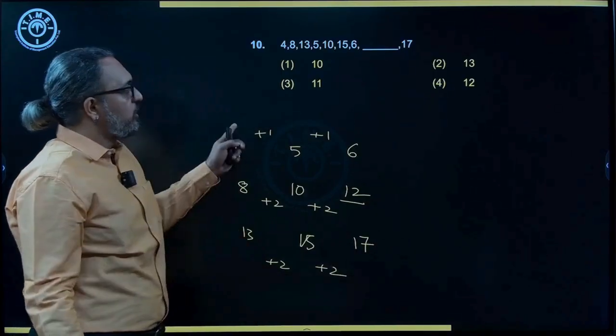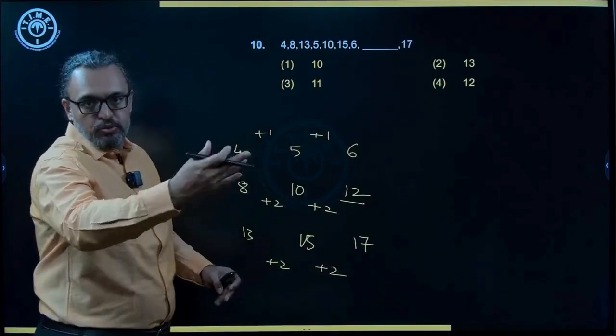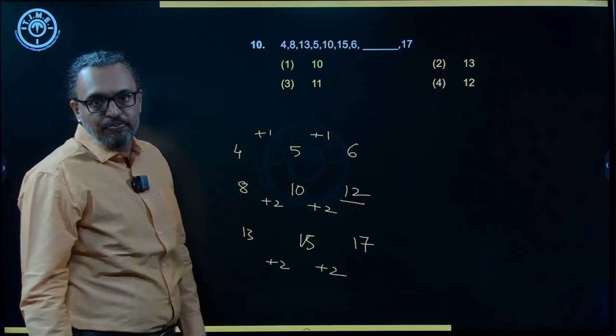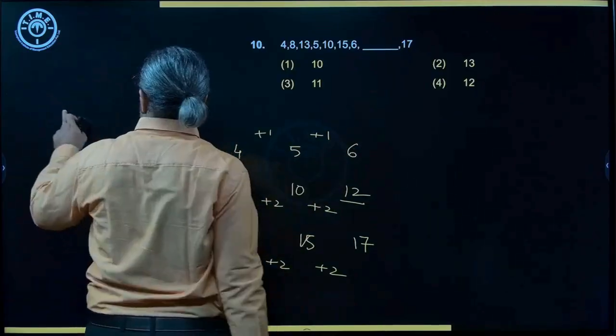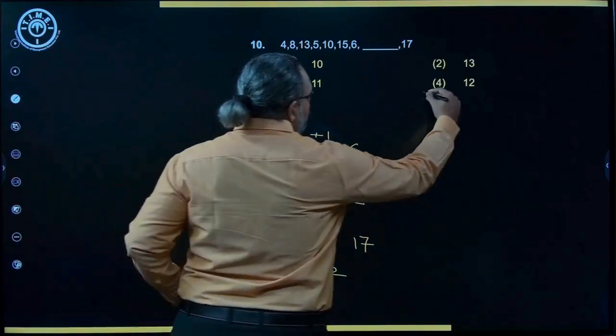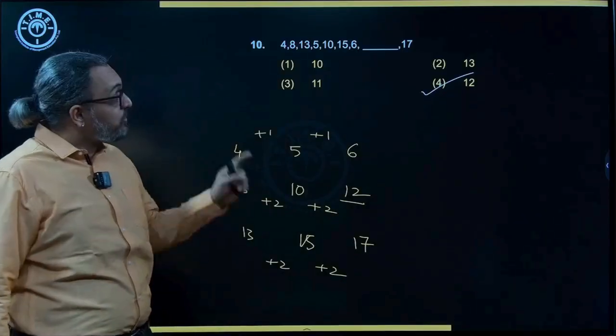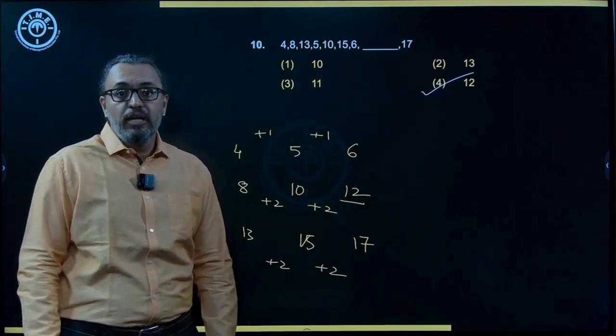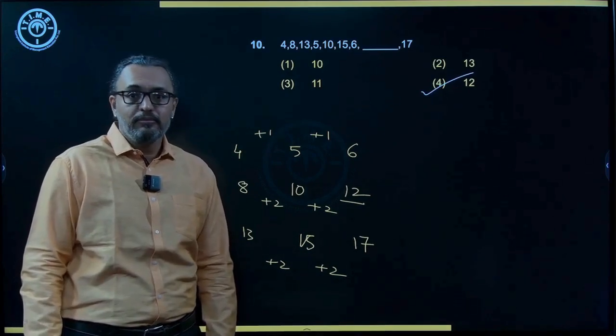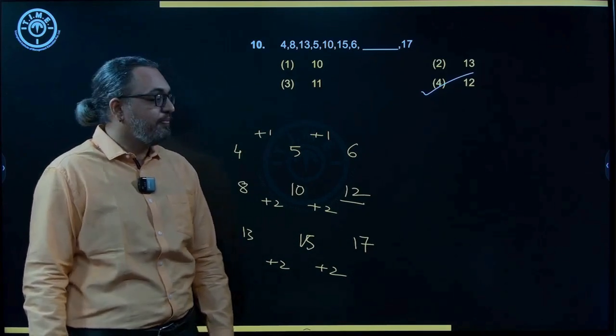So basically the logic is +1, +2, +2 in alternate positions. 3 series given like this. So my answer should be 12, and that's available in option 4, and that is what you choose. So observe the given numbers, see how they are given, then you will know how to approach. That way there will not be any confusion. Understood? Okay. Right.